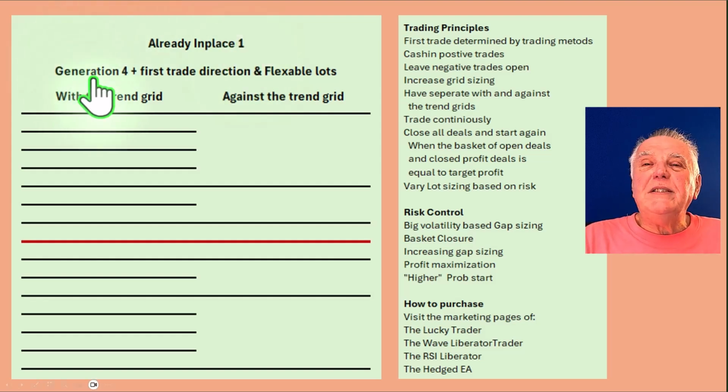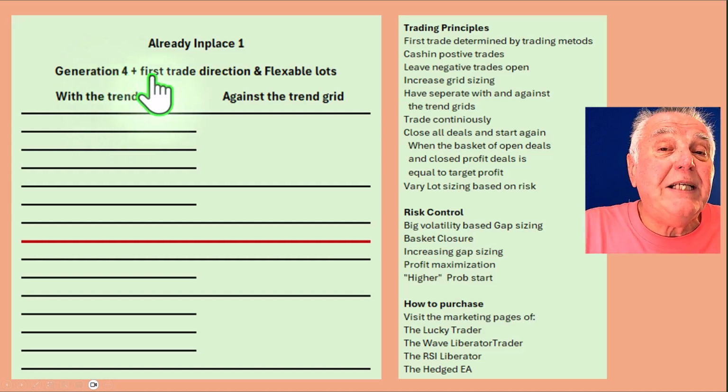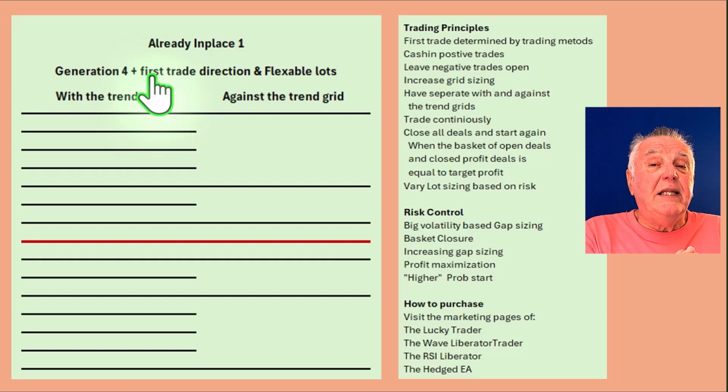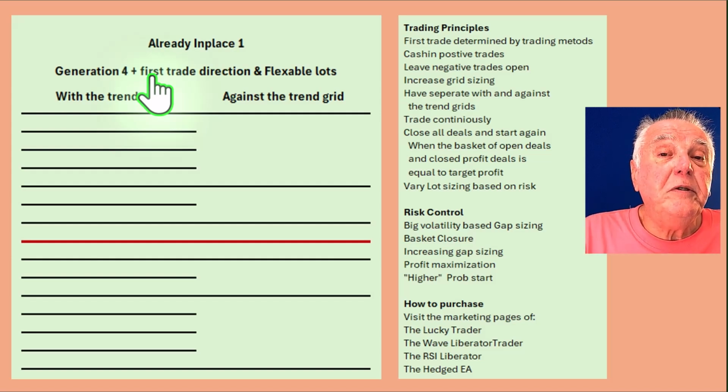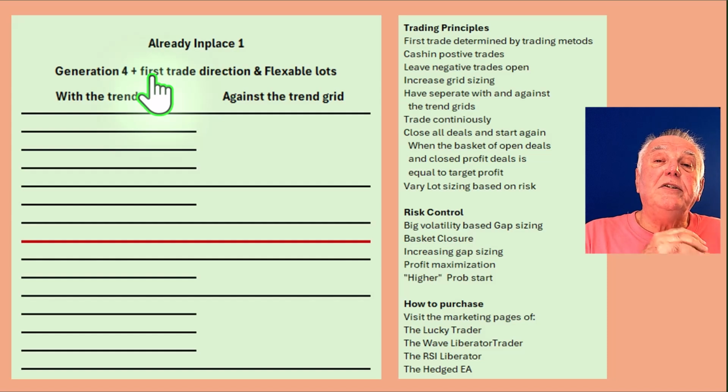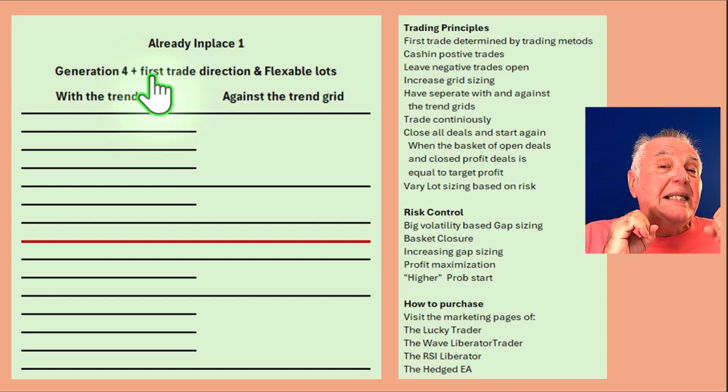And what we say is we take generation 4, but we add the trade direction. So instead of going buy and sell in the beginning, we say no, we want to buy, or no, we want to sell, and we use different techniques to determine that. You can use indicators, you can use all kinds of other techniques. So it just adds a little bit more of a feel of control to the trading.